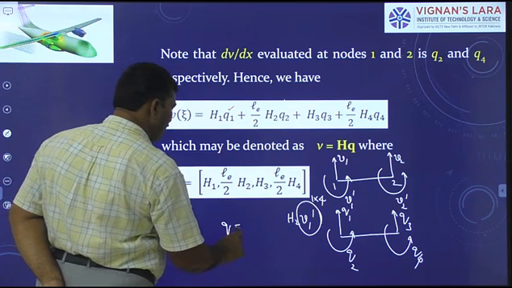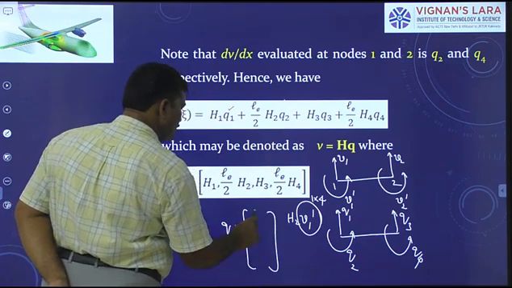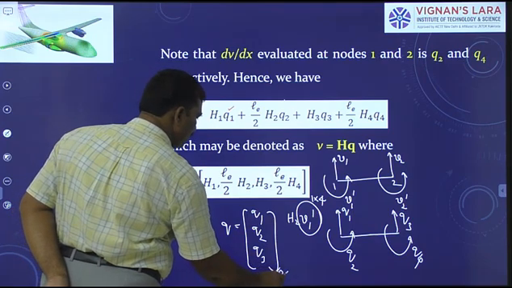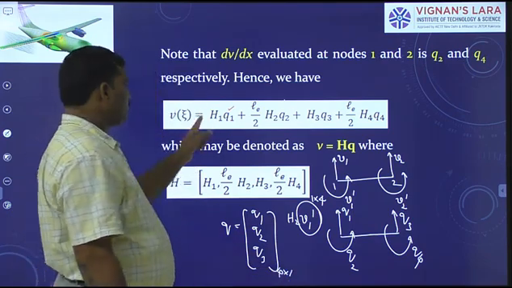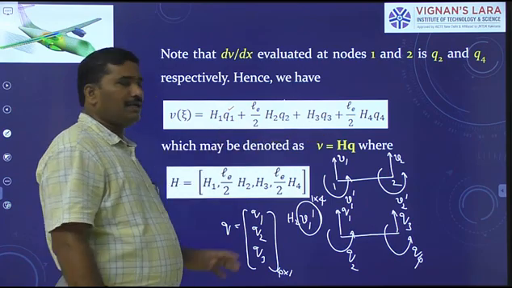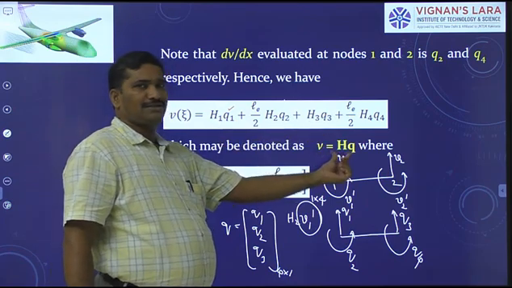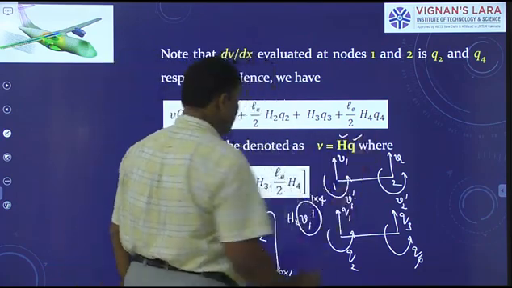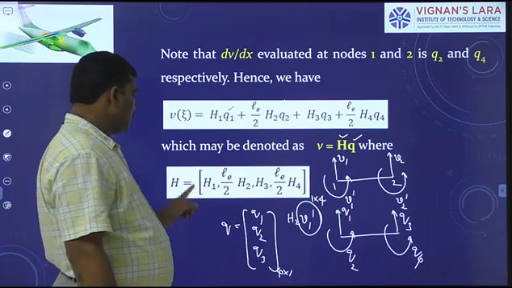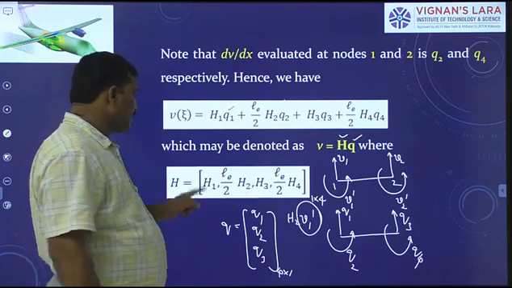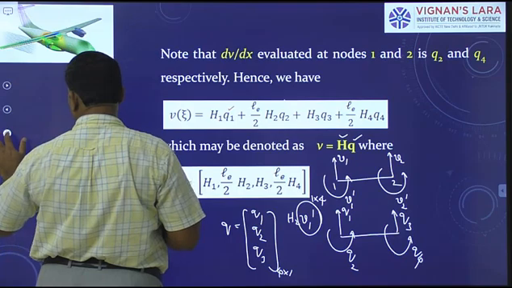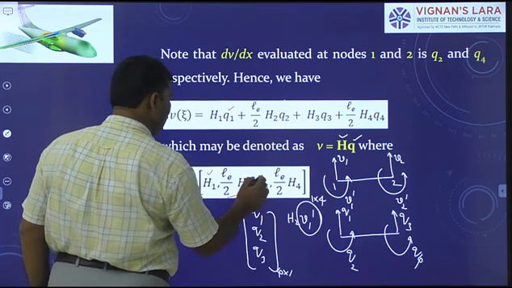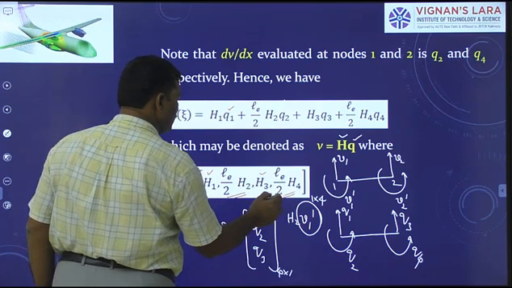It is a column matrix having the elements Q1, Q2, Q3 and Q4. Its size is 4 by 1. So this expression is represented as the product of two matrices, the shape function matrix and the element displacement vector Q. The elements of the shape function matrix are H1, Le by 2 into H2, H3, and Le by 2 into H4.